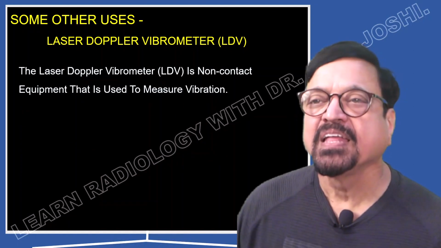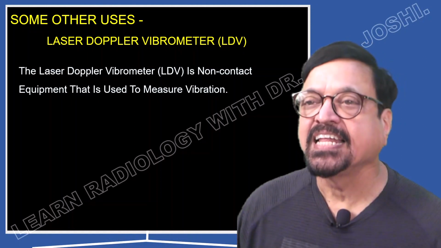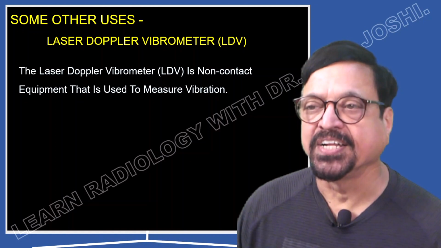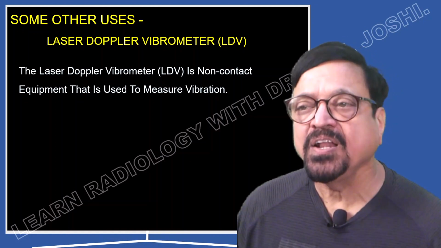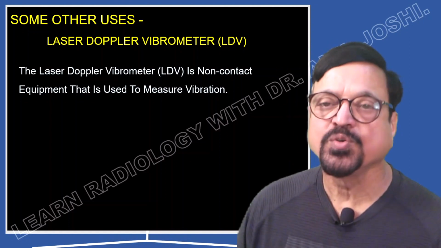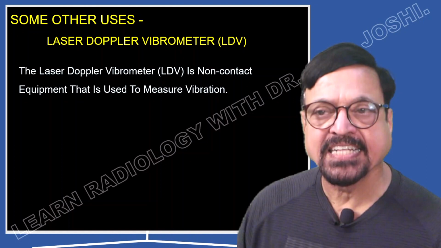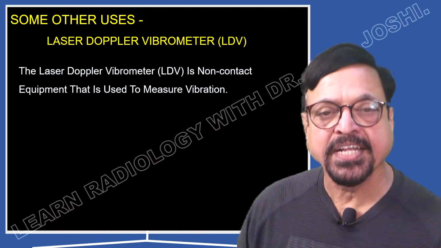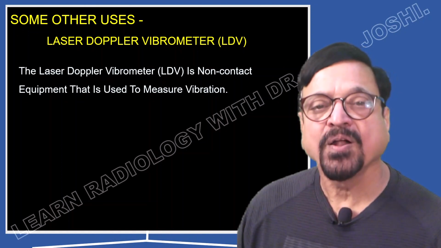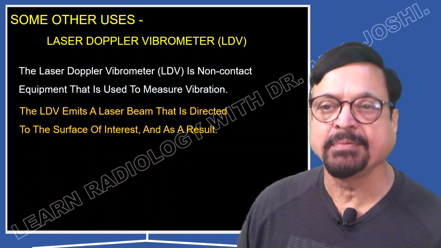Now let's see the implementations other than medical sciences. The laser Doppler vibrometer is a non-contact equipment that is used to measure vibrations. So you can calculate vibrations with a laser Doppler vibrometer without touching the vibrating surface, keeping yourself or the machine away from the vibrations.